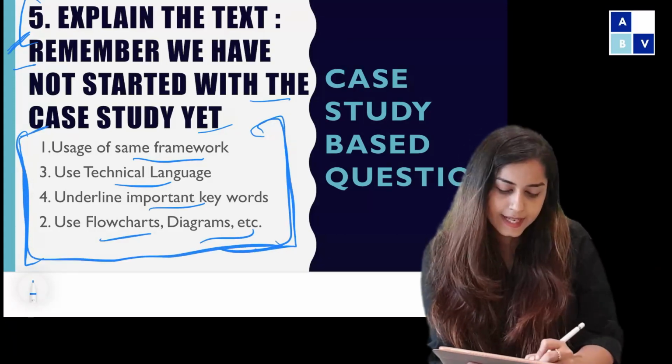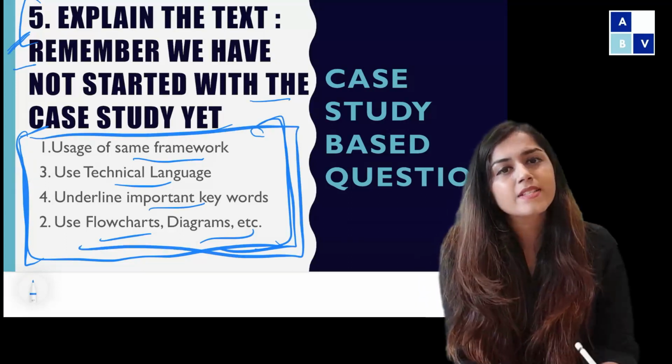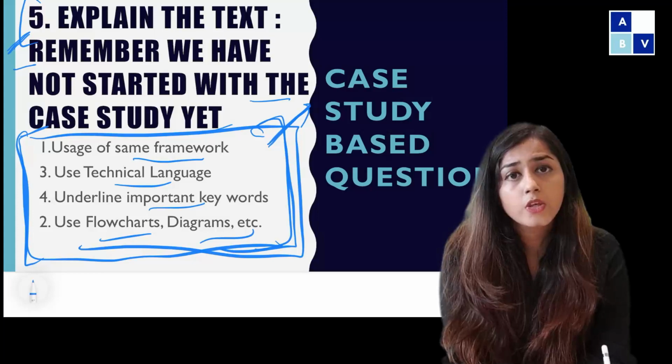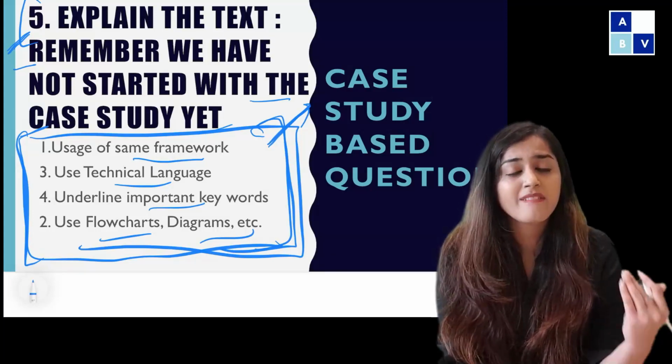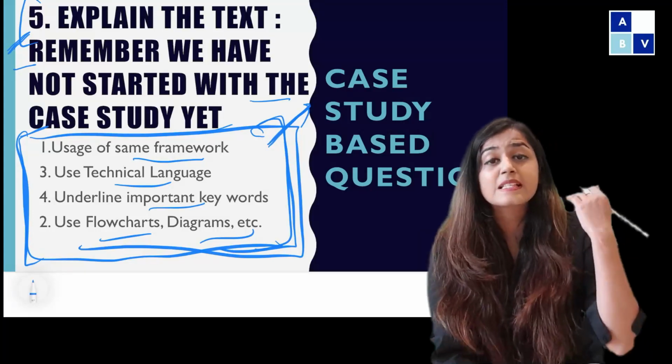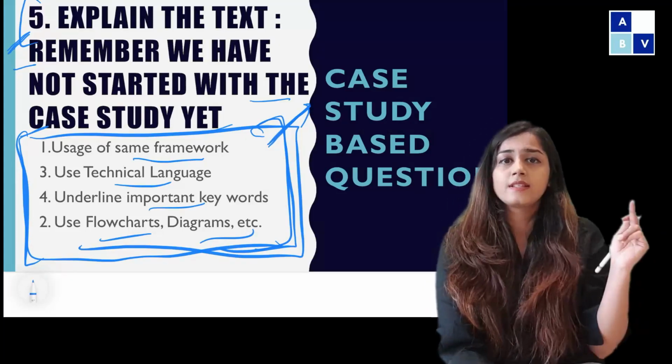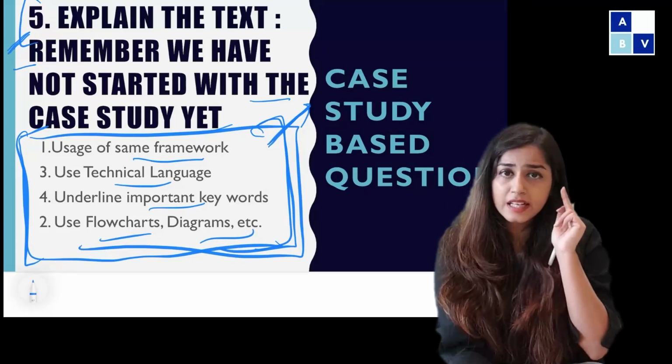Clear cut text. Once you're done with the plain text, you have explained the whole section, the standard, and the text which is linked to your case study, at a clear cut level.